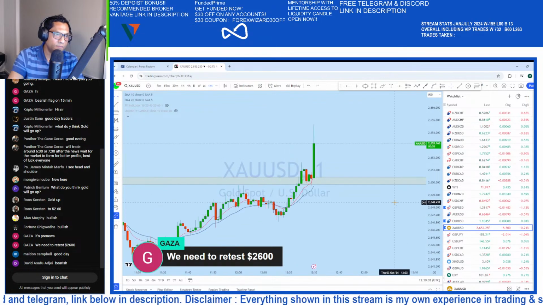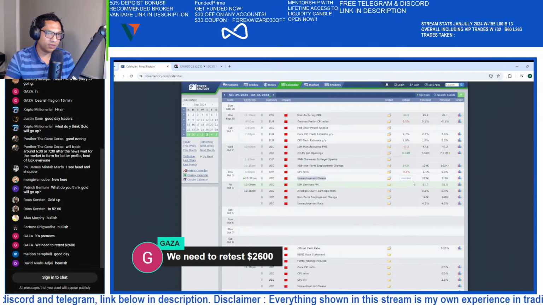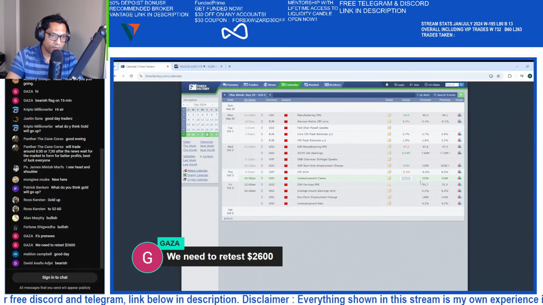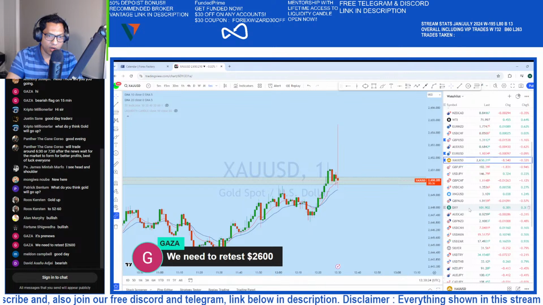Okay, that's a massive bounce, spike up, and if we look at the calendar, we can see the 225 unemployment claims, which probably have an impact on DXY, definitely.